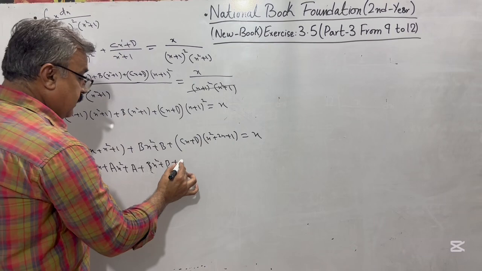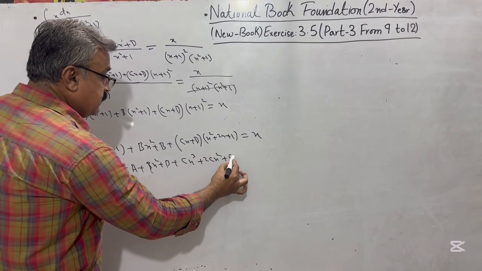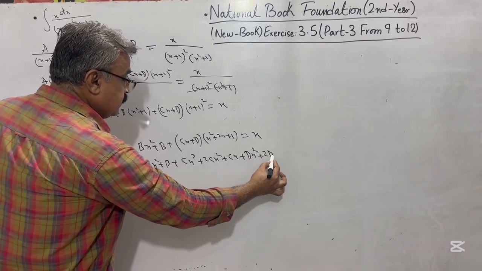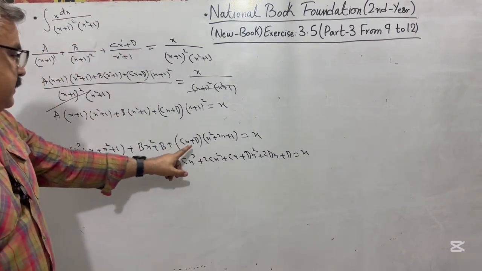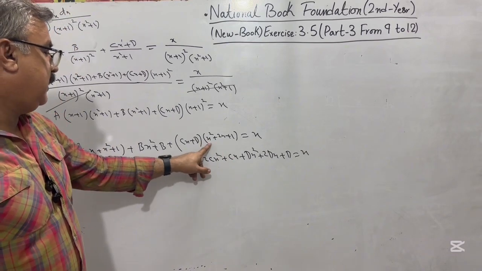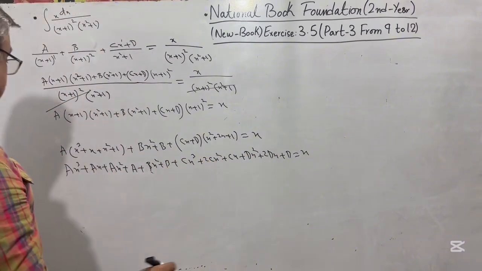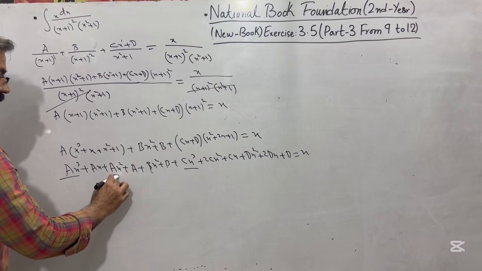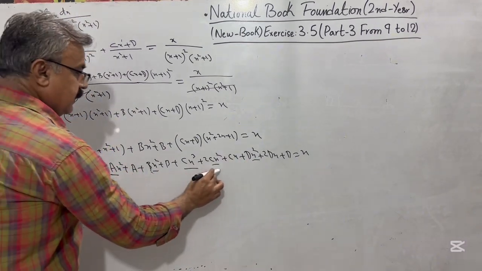Take care here: it will become cx cube, 2cx square, only cx, dx square, 2dx, plus d is equal to x. Collecting the like terms: terms having cube, then square terms, then power 1.